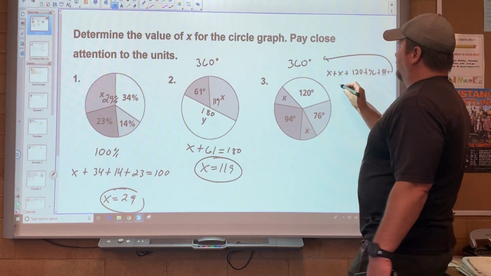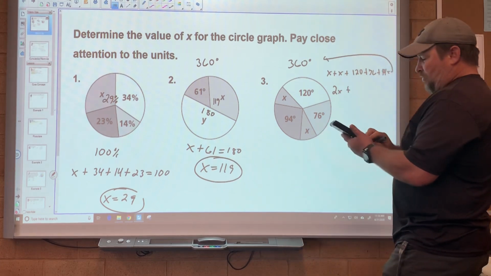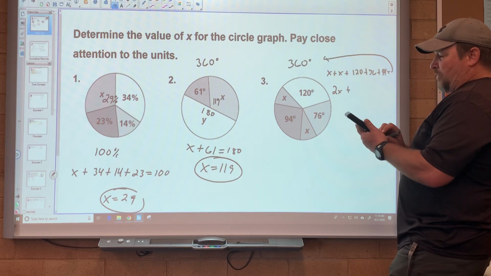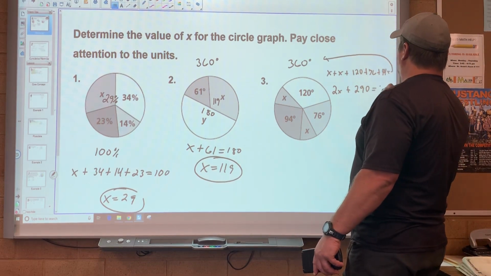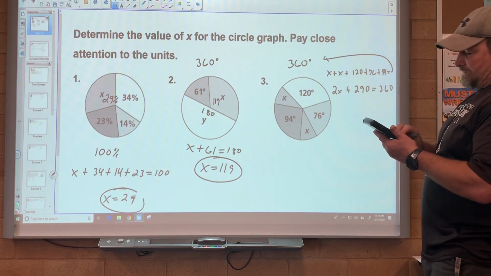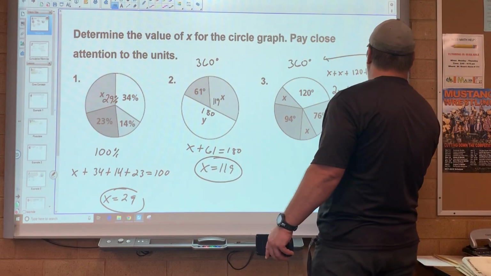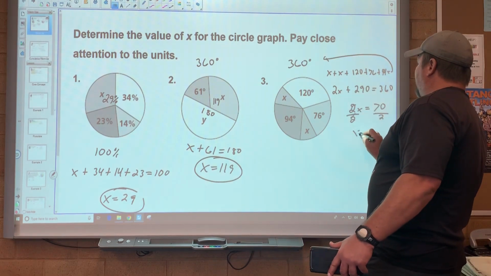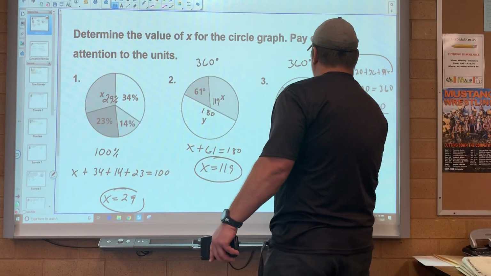So x and x is 2x plus 120 plus 76 plus 94, which is 290, equals 360. Subtract, so it's 360 minus 290, and we get 70, so 2x equals 70, divide by 2, and x equals 35 apiece. So each one of these is 35.